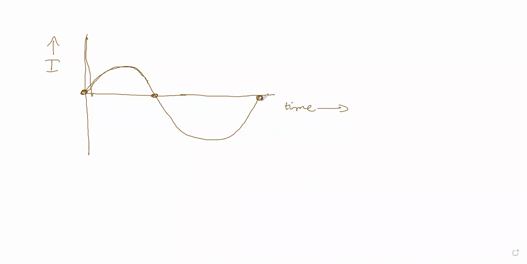I think I have not drawn the scale. I'll draw this to a somewhat accurate scale, so that the gap will not be too much. I hope this is a little bit better than the earlier one. Okay, fine.